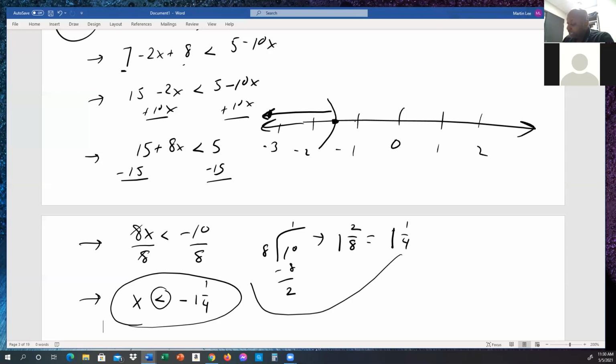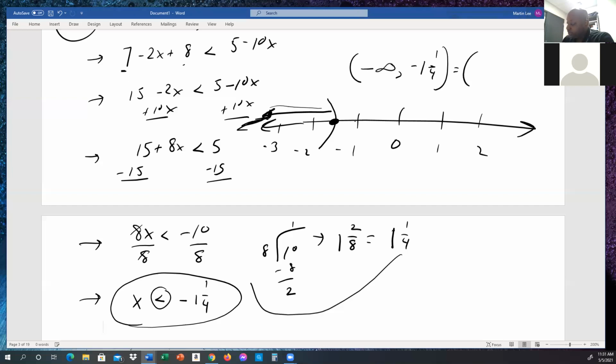So now to write this in interval notation, going from my smallest value, well, this is going on and to the left to negative infinity. So it's going to be from negative infinity, comma, and then all the way up to this point, which was -1 and 1/4.